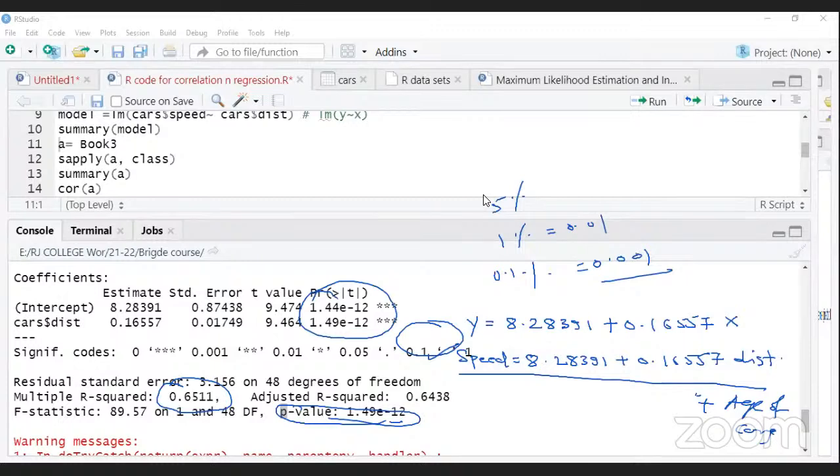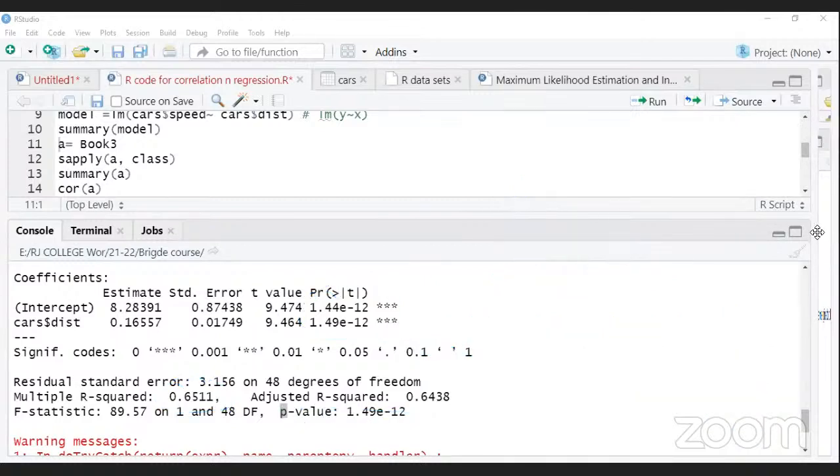If there is some question, you can ask or put it in the chat box. So can we go ahead now? Type Y. Hardly 10 minutes more, not more than that.